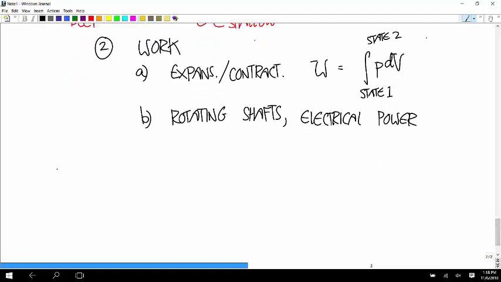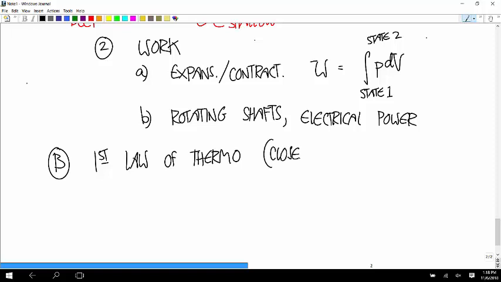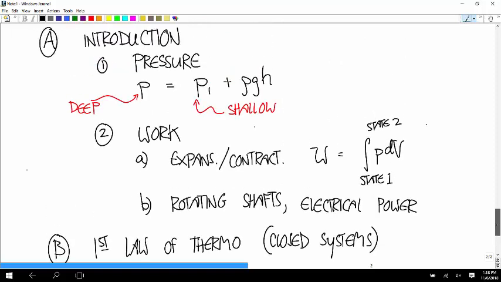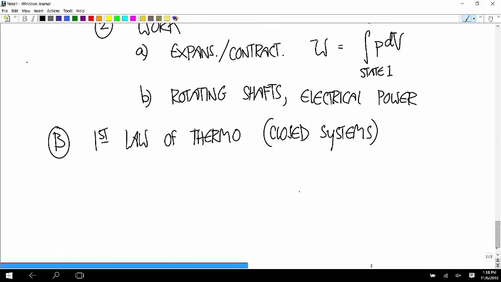And then we got to the first law of thermodynamics, and that's for closed systems. That means our system is a collection of matter, and through the whole time we're analyzing it, we're focusing on that same matter.